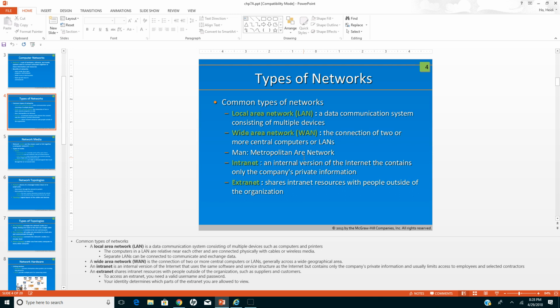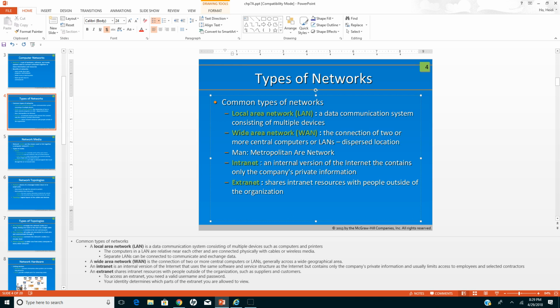How about wide area network? Wide area network is two or more computers that are connected together and located in dispersed locations. Okay, what does it mean? Let me give you an example.